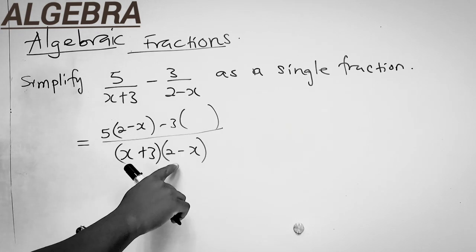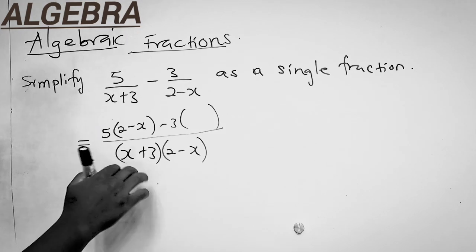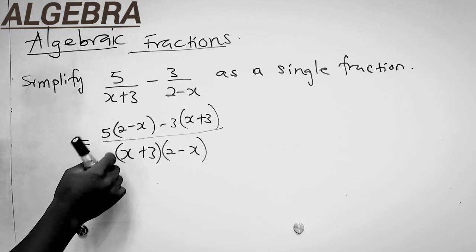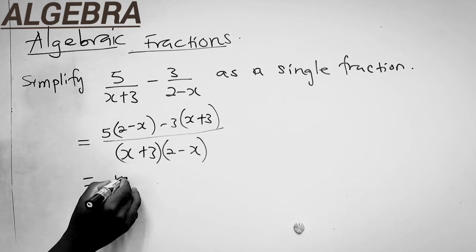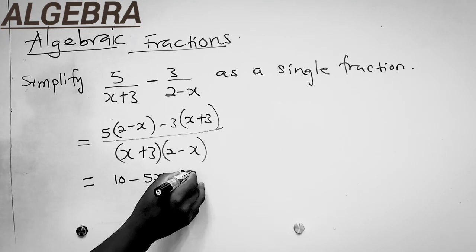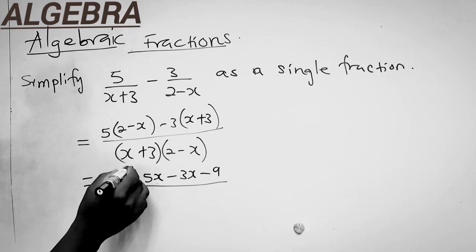Then 2 minus x into this one. 2 minus x and 2 minus x cancels, and we're left with x plus 3. Then we expand this part: 5 times 2 is 10 minus 5x minus 3x minus 9 over this one.